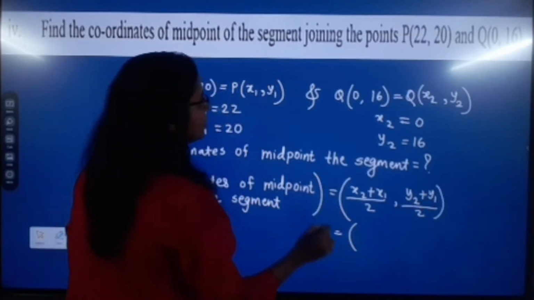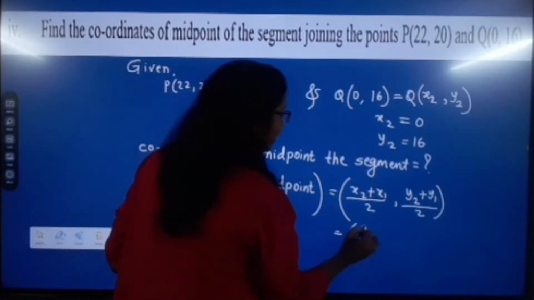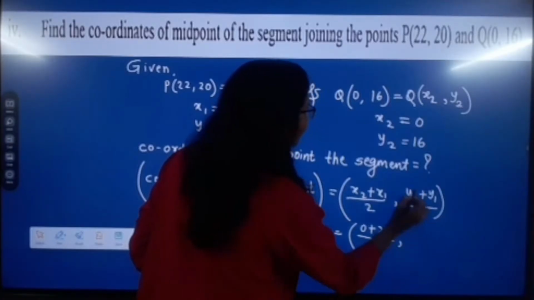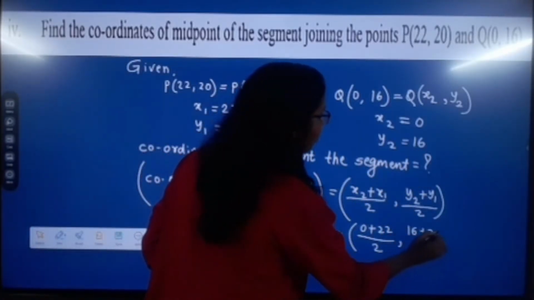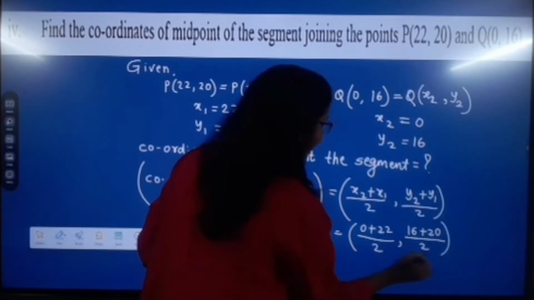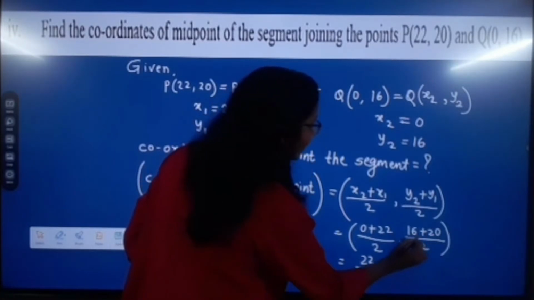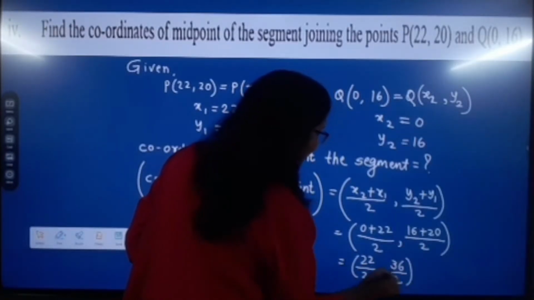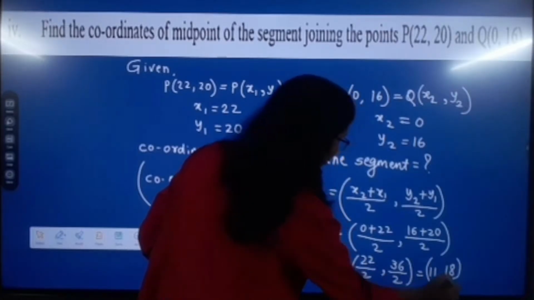That means equal to, students, here x2 plus x1, that means 0 plus 22 upon 2, and here 16 plus 20 upon 2. That means here, students, 22 upon 2, and here 36 upon 2. So that means here, students, 11, 18.